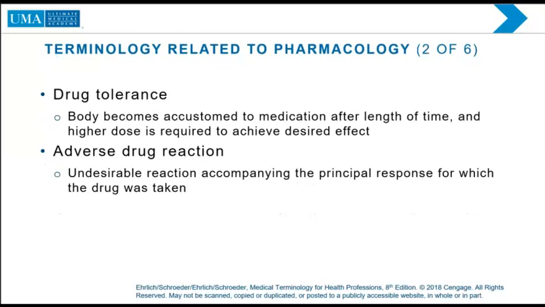Drug tolerance. The body becomes accustomed to medication after a length of time, and a higher dose is required to achieve the desired effect. Adverse reaction. This is an undesirable reaction accompanying the principal response for which the drug was taken.